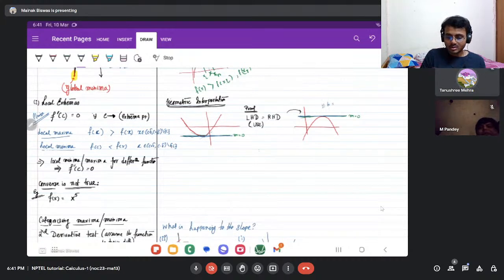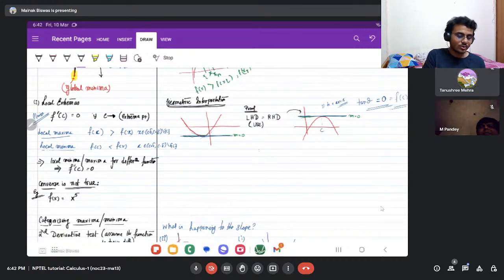So what is the slope of a line parallel to the x-axis? Tan theta is 0. So at this point, f dash of c, tan theta, is equal to 0.